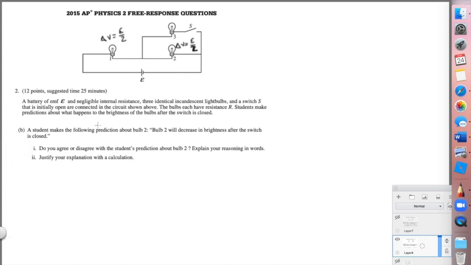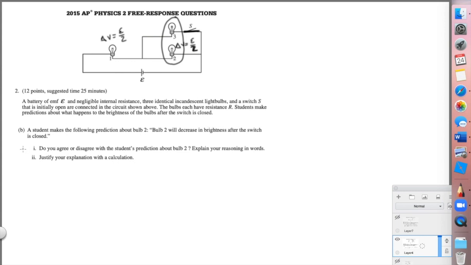Okay, now when the switch closes, this is no longer going to be true. And the reason why is the voltage across these bulbs will be less, because when you put resistors in parallel, that lowers the overall resistance. So let's put this into calculation.